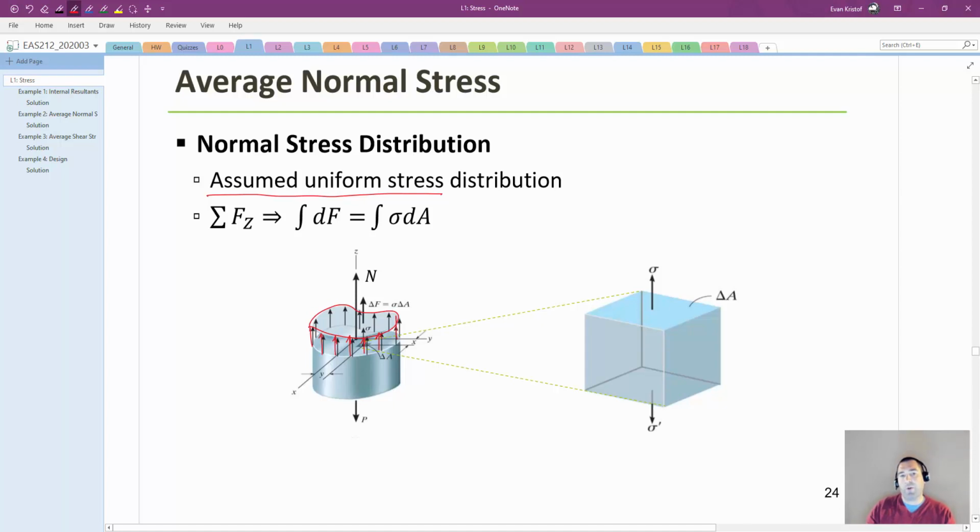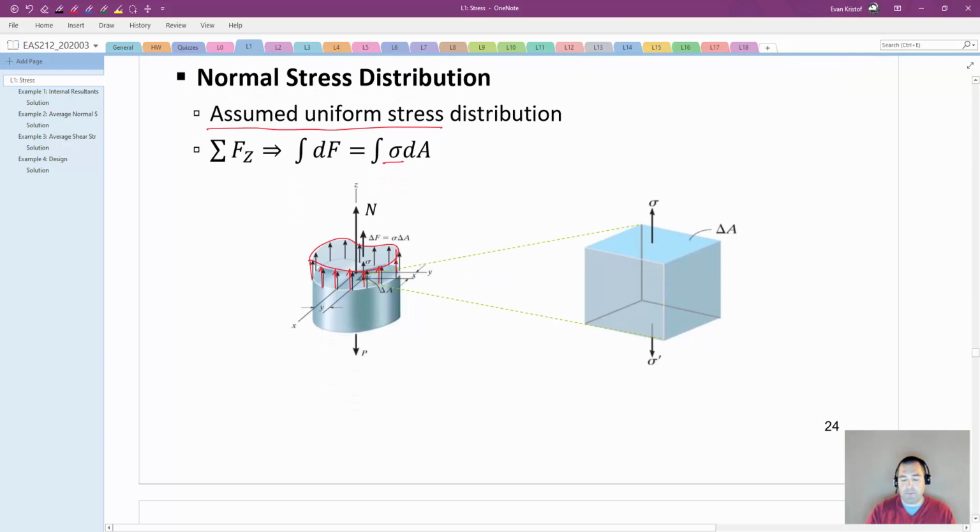It doesn't change whether I'm on the left side or the right side of this cross section. We assume it's a uniform stress distribution, so sigma, the normal stress intensity, is equal across the cross section cut. In chapter 4, we're going to revisit this assumption and talk about when it's valid and when it's not. But for now, we're making a big assumption.